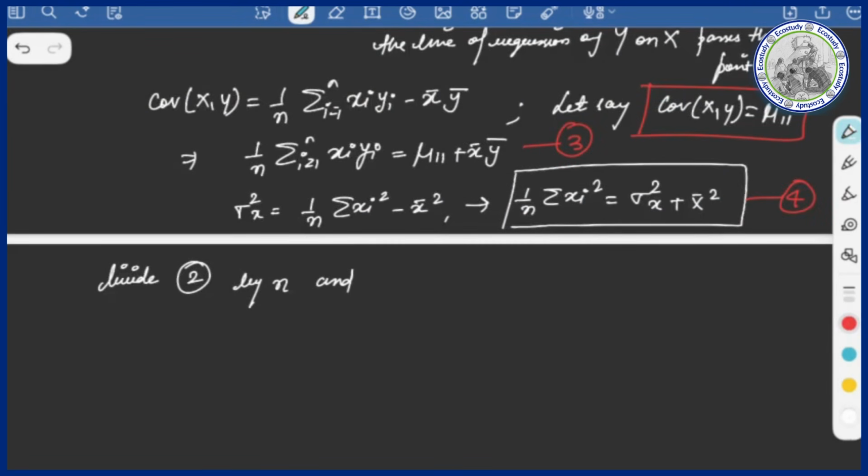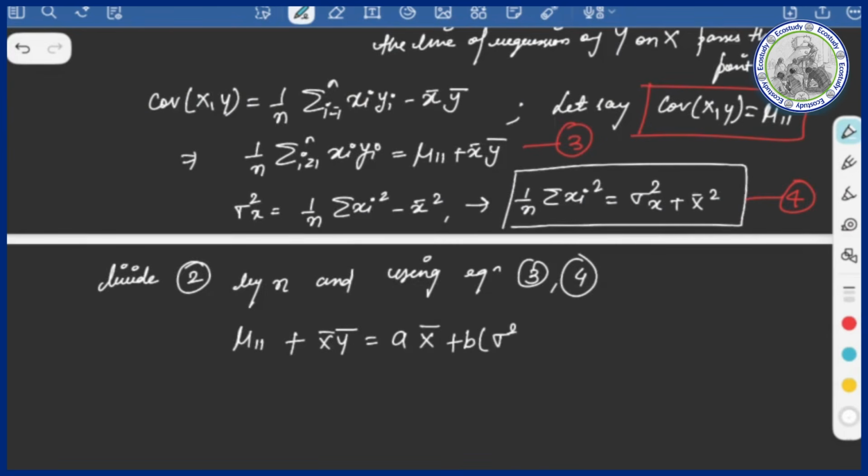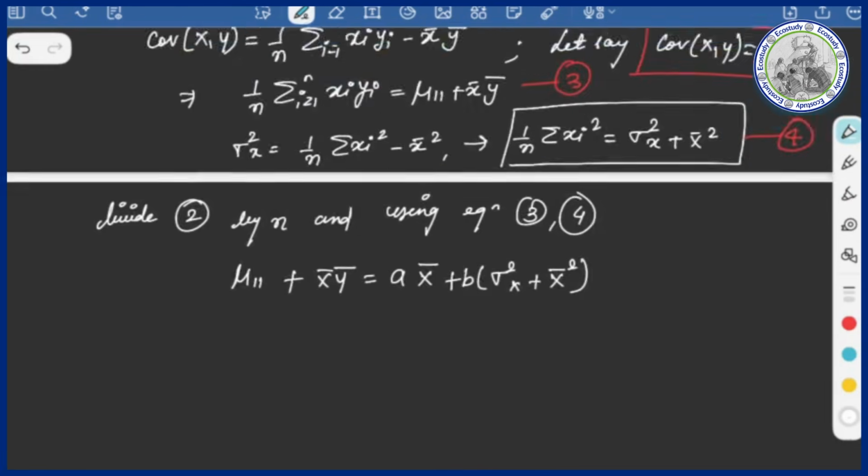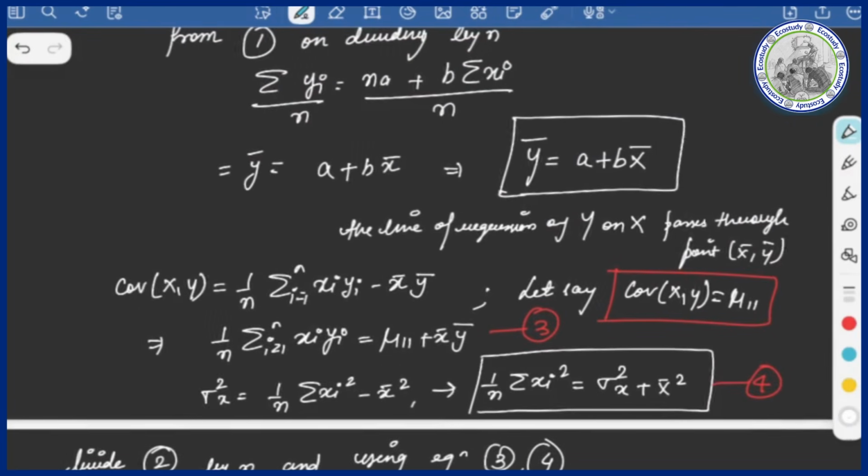Divide by n and using equations 3 and 4, mu 11 plus x bar y bar is equal to a x bar plus b times sigma squared x plus x bar squared. Say it is equation 5.